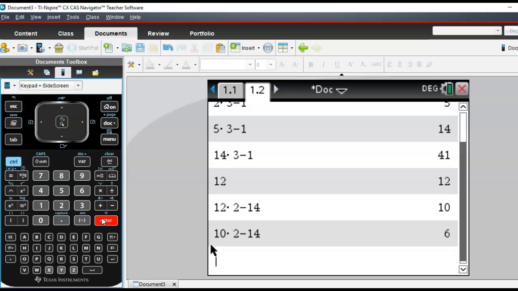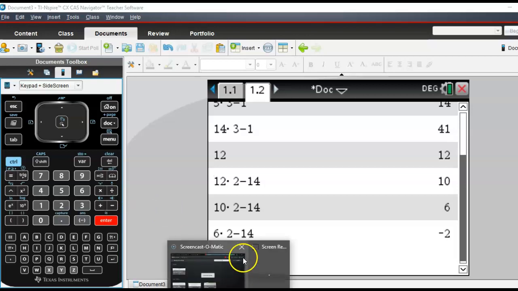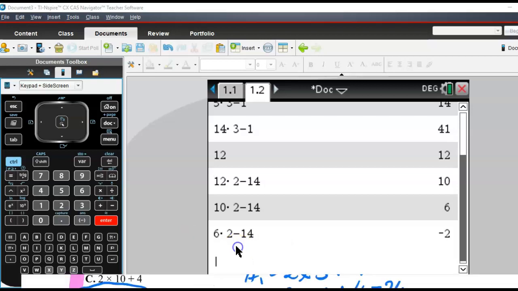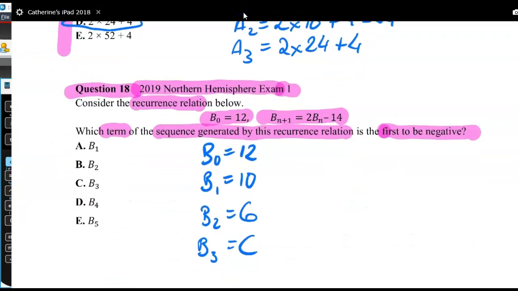B2 is 6. And B3 is -2. So that gives us our answer of C.